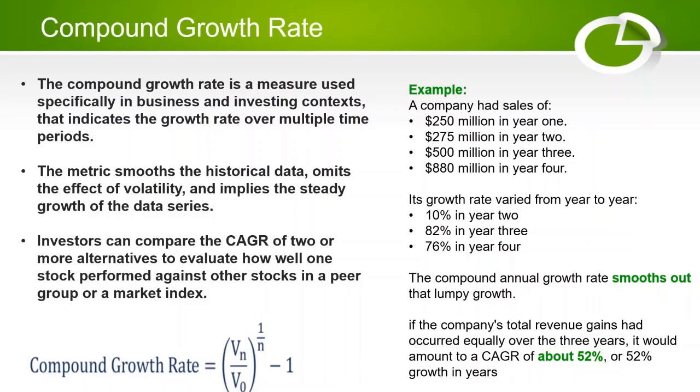The compound growth rate is a measure used specifically in business and investing context that indicates the growth rate over multiple time periods. For example, if we deposit our money in a bank, they can ask us a compound rated interest. That is, compound rated interest means, for example, the interest is 7% per annum.